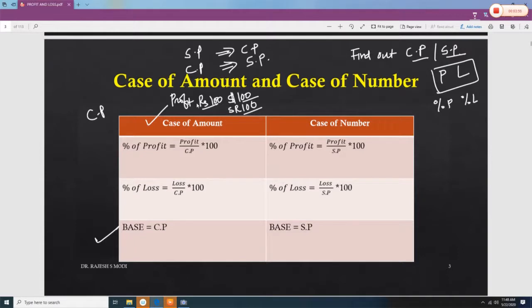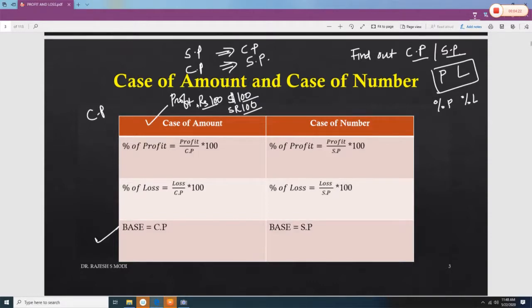Now the case of number. In the case of number, the rupee value or dollar value or yen value is not given. Instead, it is given that a certain number of items is purchased and a certain number of items are sold. Now the gap is a profit or a loss, and you need to calculate the profit percentage and the loss percentage.